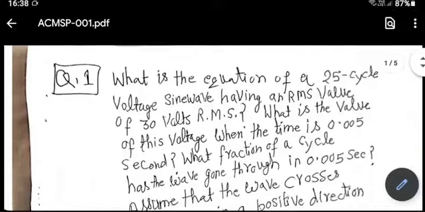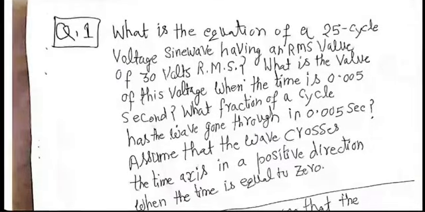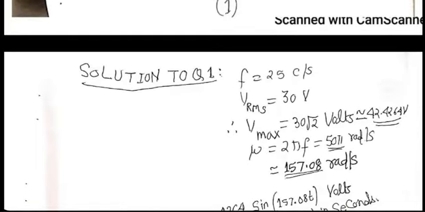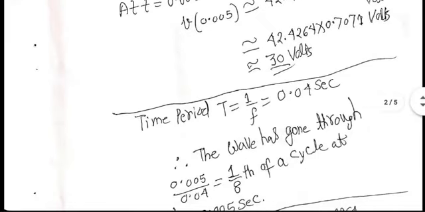And the next question is, what fraction of a cycle has the wave gone through in 0.005 seconds? So you need to know the time period first. Time period is 1 upon 25 seconds, which is 0.04 second.